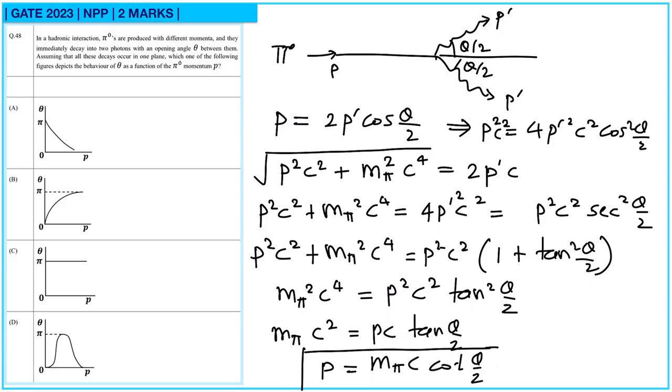So this is the expression for p, which we have to plot versus theta. So now if theta is going to be 0, then p will be infinity. And if theta is pi, then p is 0. So it means it will be a hyperbola-like case, and which is matching option A only.